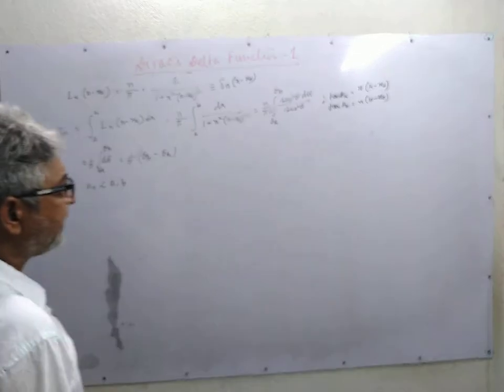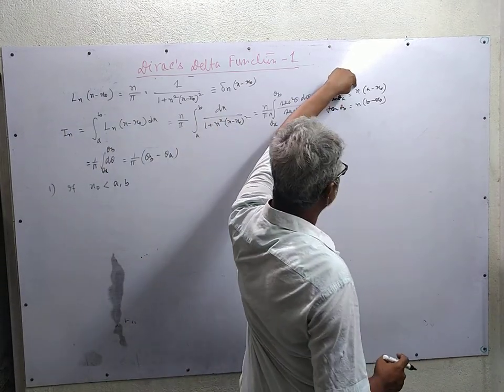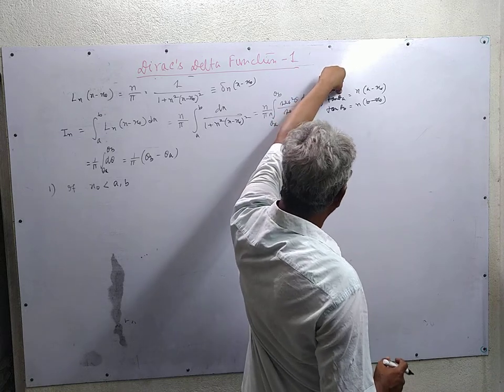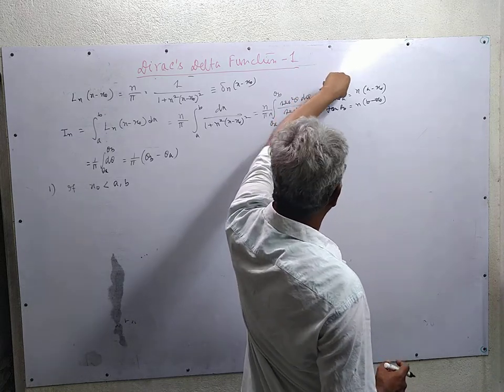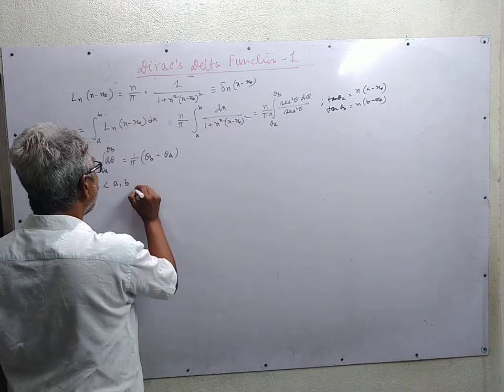As n tends to infinity, this tends to plus infinity, and this tends to plus infinity, that is, theta a tends to plus pi by 2 and theta b tends to plus pi by 2.